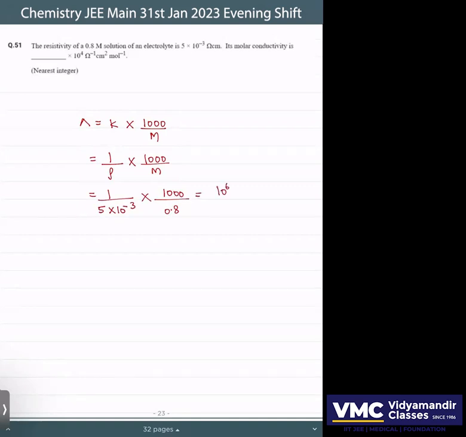It will be 10 power 6 into 10 upon 5 into 8. That would be 1 by 40 into 10 power 7. We will simplify it. It will be 25 into 10 power 4 per ohm centimeter square per mole. So our answer will be 25 into 10 power 4 per ohm centimeter square per mole.